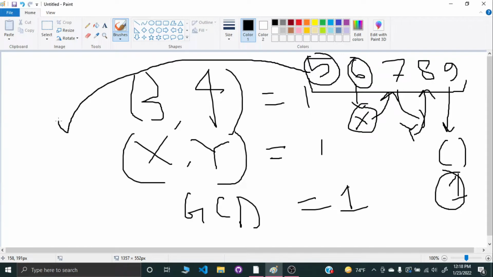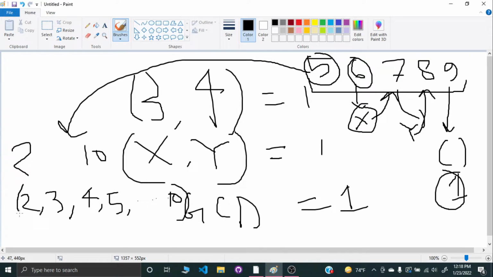If L was 2 and R was 10, the array would be 2, 3, 4, 5, and so on, and finally 10. So it's going to be an arithmetic progression with a difference of 1 between consecutive elements.